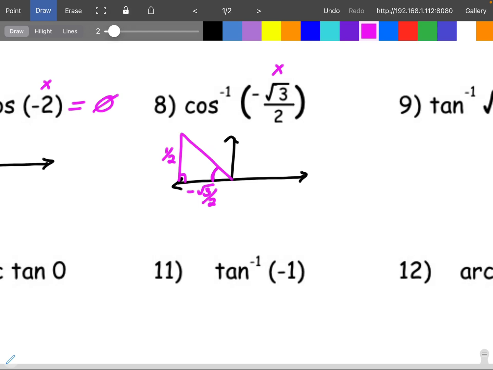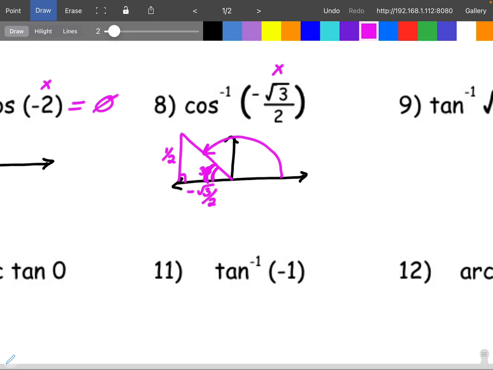And our reference angle is across from the smaller side, which means that must be 30 degrees. Therefore, what is the radian measure of this angle? Well, 30 degrees is the same thing as pi/6.